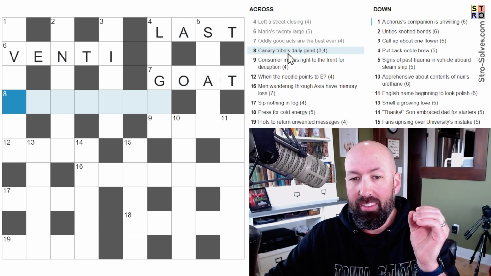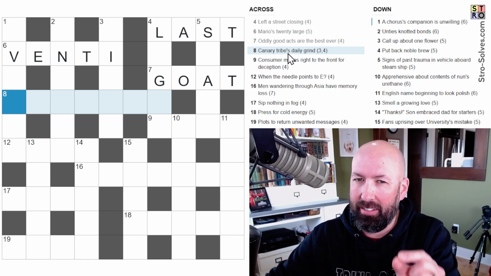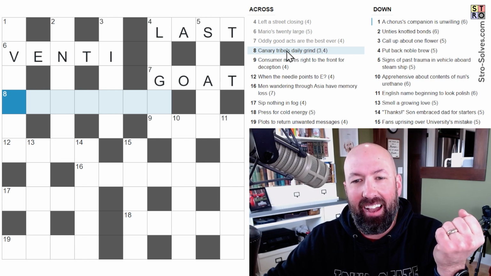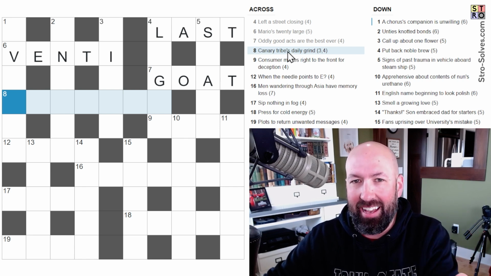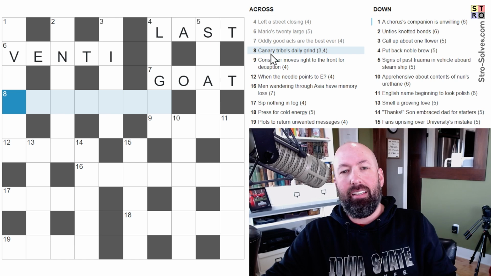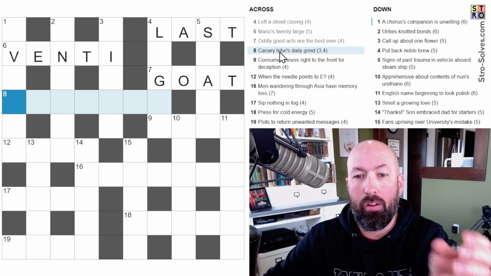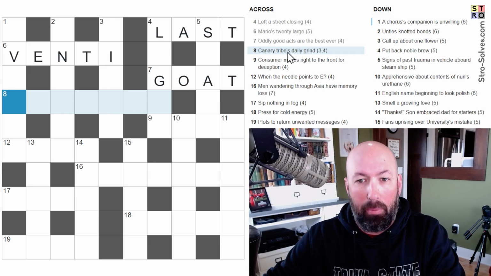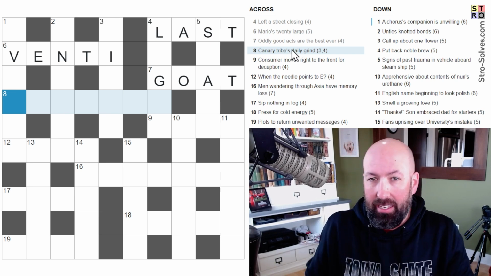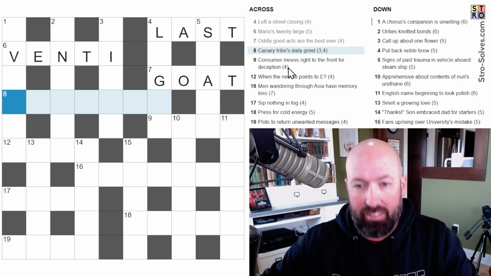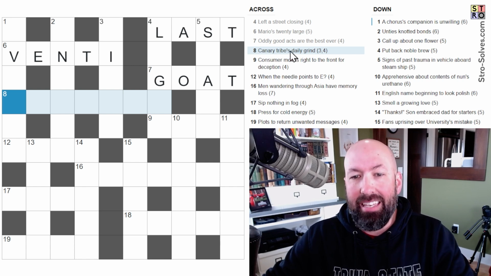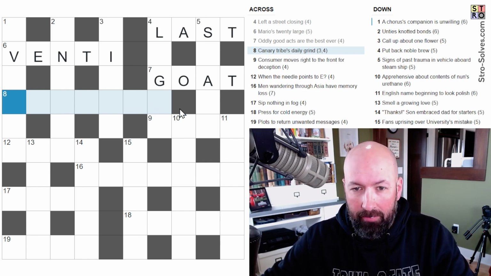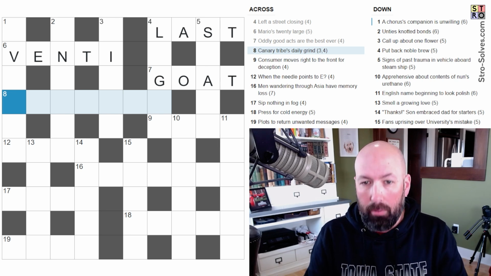However, in a cryptic crossword, people like to do this, and I did it to you here, using the apostrophe S to trick you, because really what it should say is canary tribe is daily grind. But apostrophe S can be something is. It is, right? And so canary tribe is daily grind. And so daily grind is the definition here. Canary tribe is the wordplay.